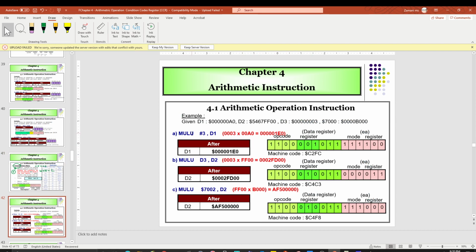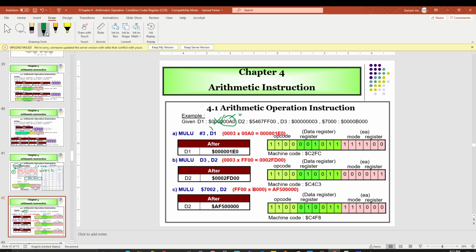So multiply unsigned 3 to D1 and save to D1. Okay, D1 is given this value. So now you have to use word size. Remember that this word size is used, this one you don't care.